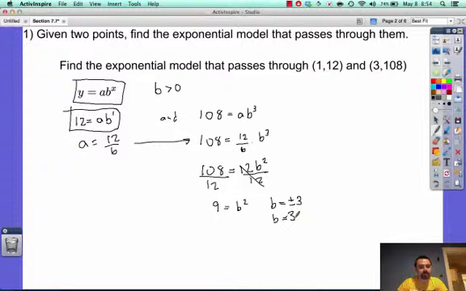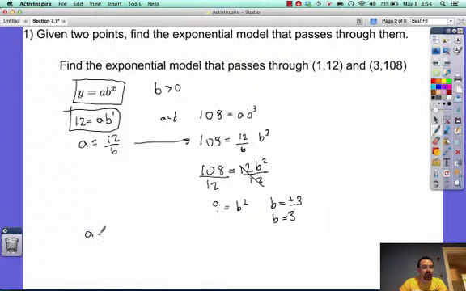So I know what b is equal to. Now I'm going to use that to figure out what a should be. Okay, so I know b is 3. I need to find a. I know that both of these statements are true, so I can plug 3 into either equation and solve for a. I'm going to choose the easier equation, so I'm going to plug 3 in for b in this first equation.